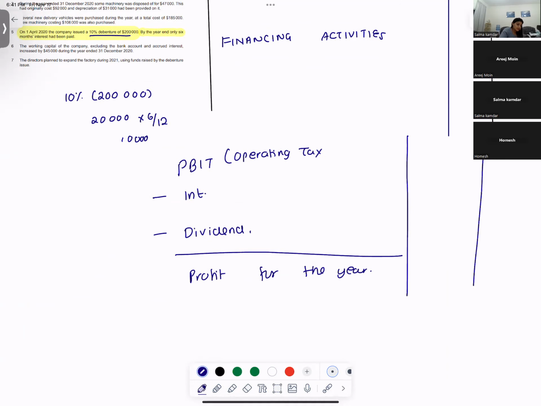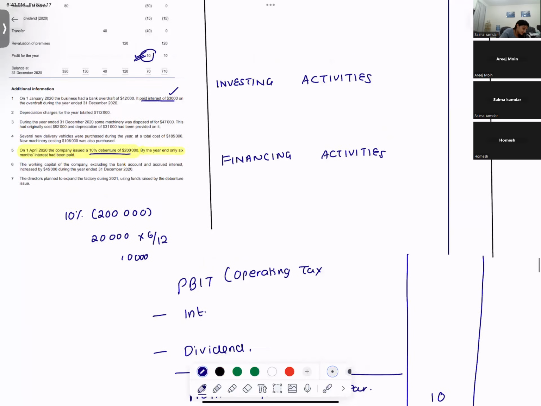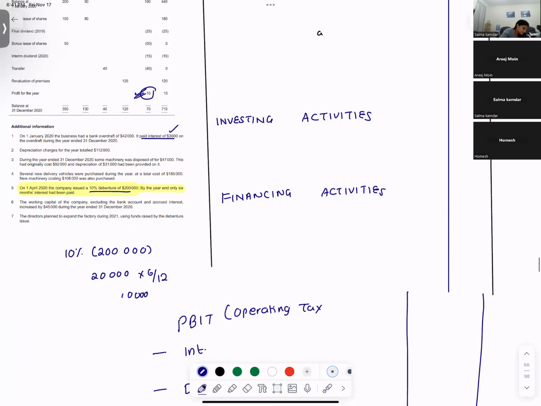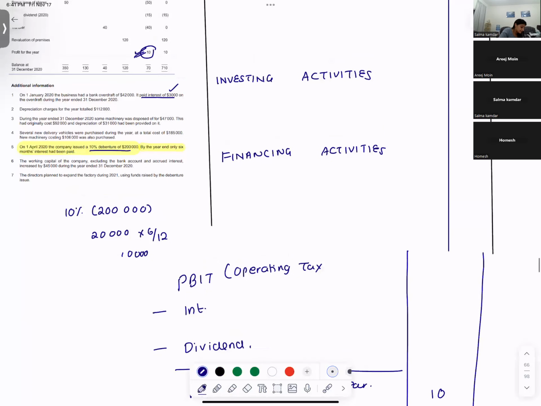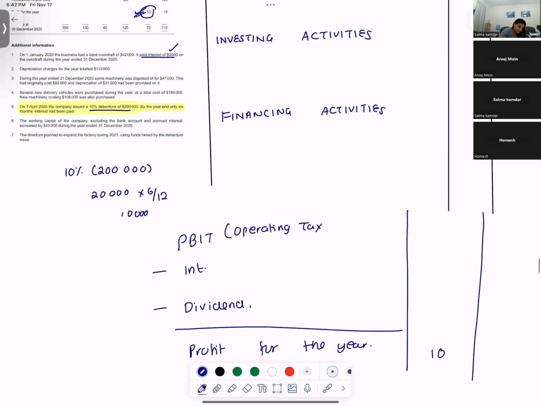Profit for the year is how much? 10. Okay, what is the dividend that you have paid? 15. Are you with me? And what is the interest that you have paid? 3,000.